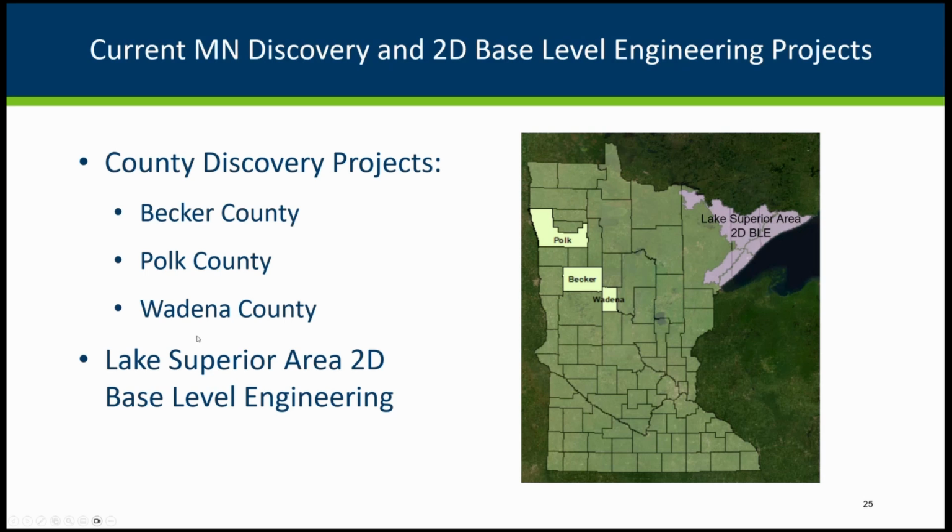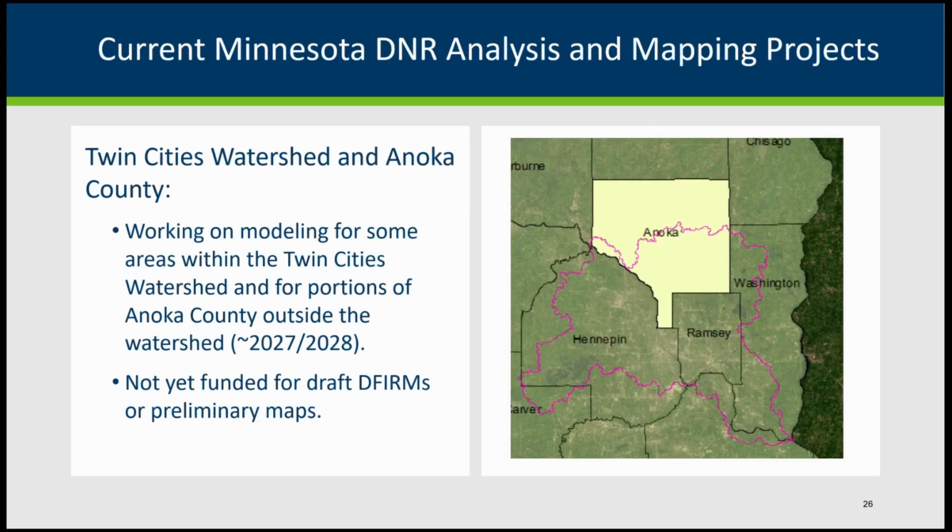And there is a FEMA contractor who is completing some 2D base level engineering in the Lake Superior area in the northeast corner of the state. We are also currently updating the floodplain maps for the Twin Cities Huc 8 watershed, which is shown in this pink outline here. And then we are also doing the remainder of Anoka outside that Huc 8 watershed.